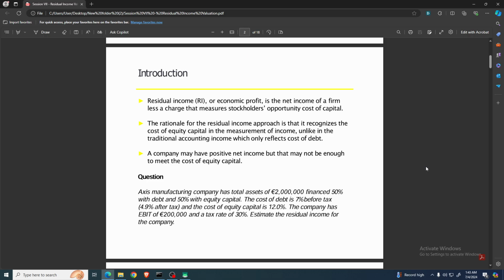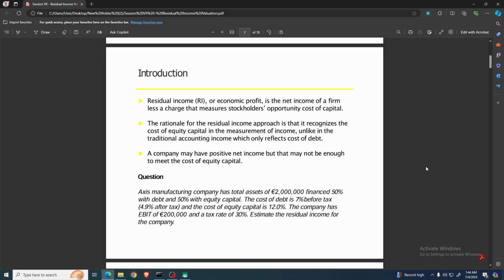And finally, positive net income isn't always enough when we consider it from the perspective of both debt holders and equity holders. A company might report a positive net income, but this does not necessarily mean it's meeting the expectations of its equity investors, right? So if the cost of equity capital is high, the actual value created for shareholders might be minimal or even negative.